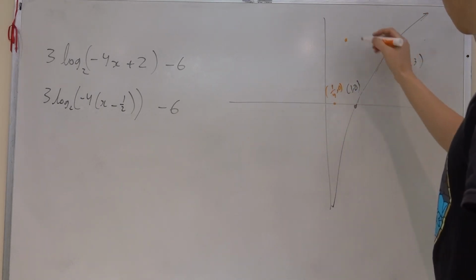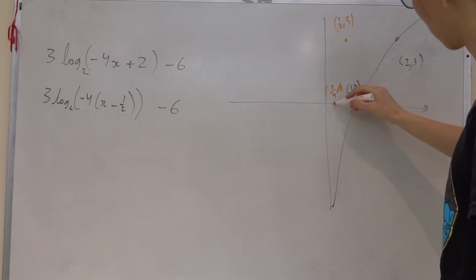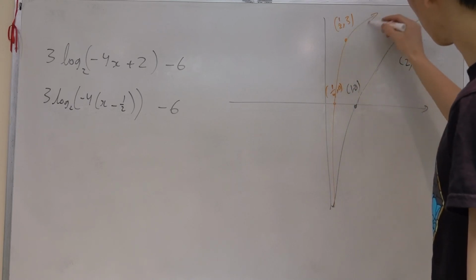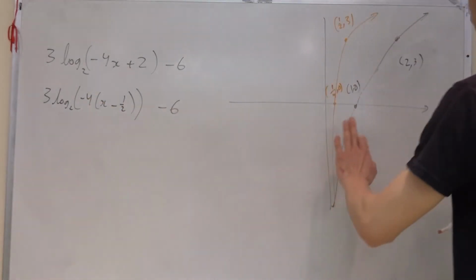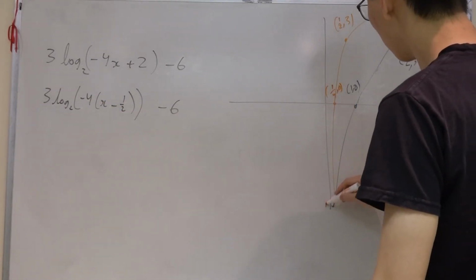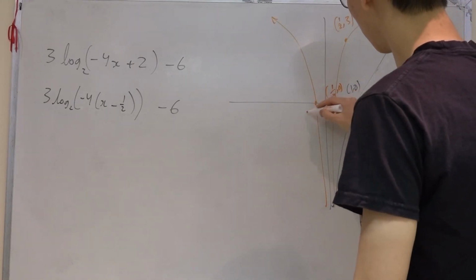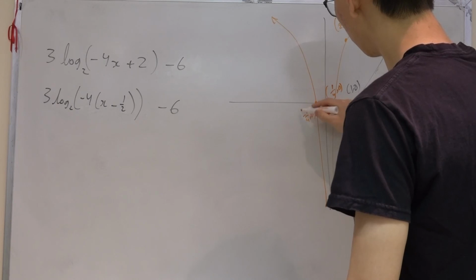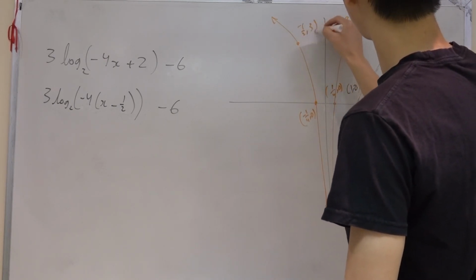You only play around with the x coordinate when you're doing horizontal stretches. Vertical asymptote stays the same. All right. Now, let's see. Oh, we have to take care of that negative, right? So we're going to flip it in the y-axis. So vertical asymptote is still going to be 0, but now we have negative 1/4, 0, and negative 1/2, 3.